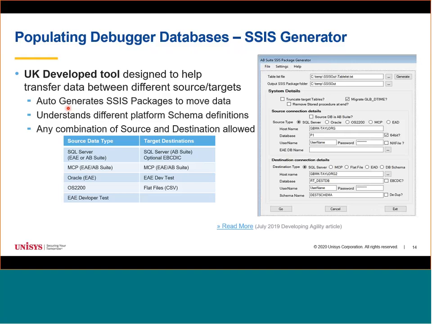And it doesn't have to be anything to do with SQL Server. The tool itself runs in SQL Server, but the source and the target don't have to be. So as you can see here, potentially I can use it to go from MCP to MCP. SQL Server's not in the equation there, other than that's where the tool runs.